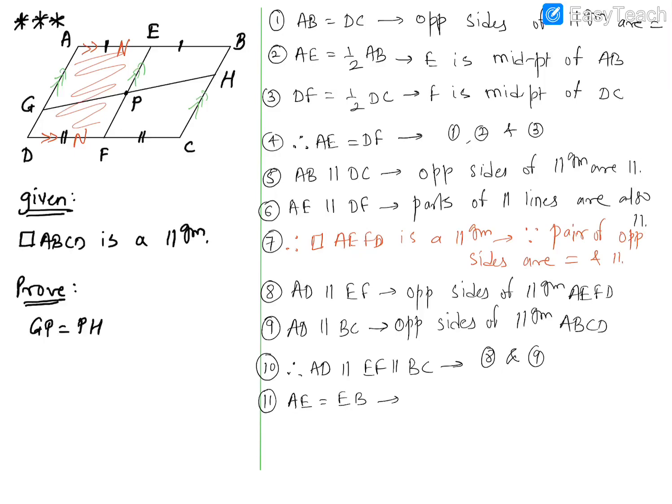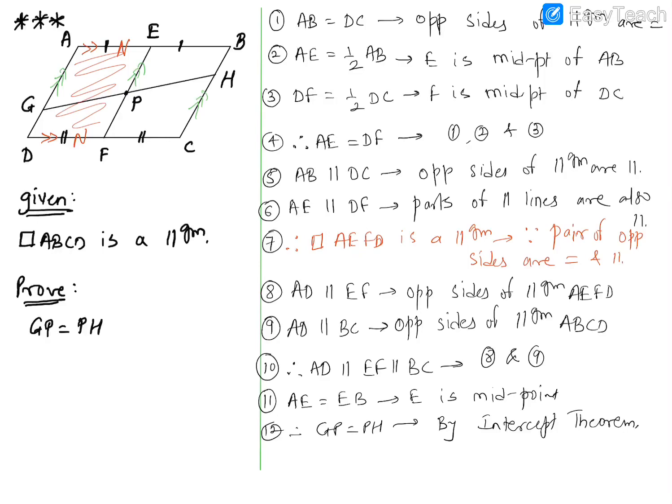The reason will be E is midpoint. So now what can we say finally? 12th statement will be that therefore GP is equal to PH. Why? By intercept theorem. So you see, actually the intercept theorem is only used in this last statement. Rest all is like the application of the previous part of the chapter or just general application.